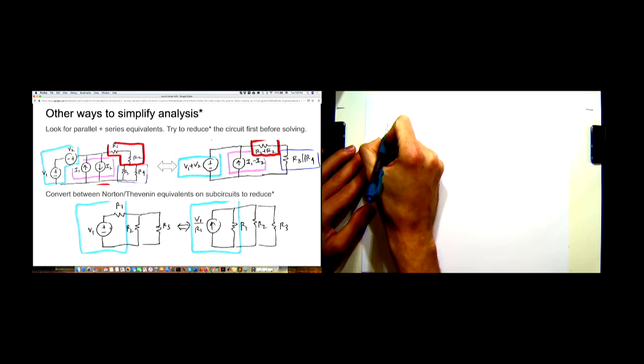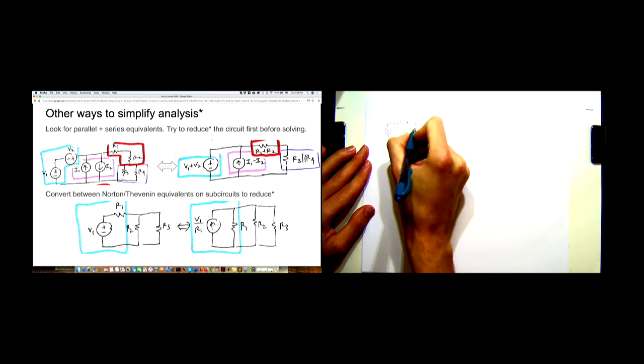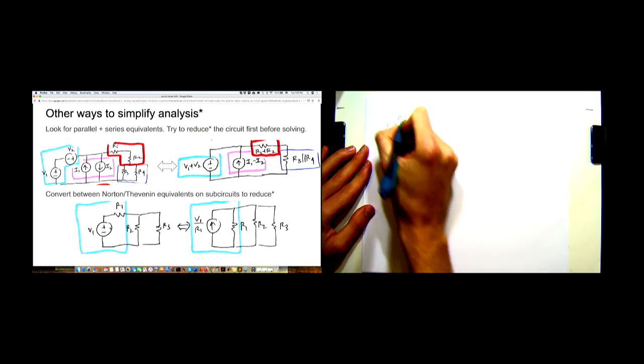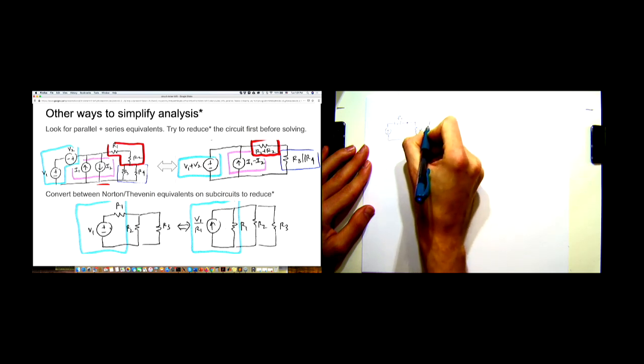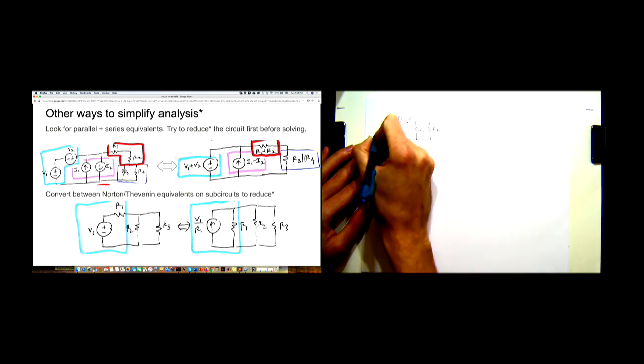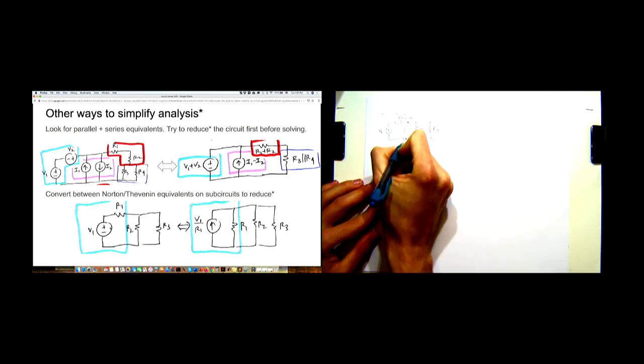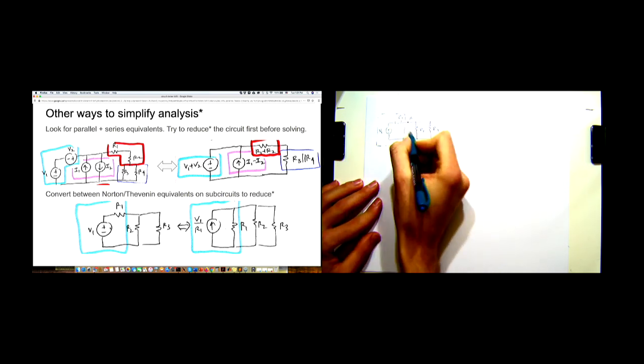Actually, this is going to be explained in the equivalence section, but let's see about it in this case. Perhaps I should go to the DocuCam and write out what we have. So this is R1, R2, and R3. These are points A and B, and this is V1. Let's say that I want to construct a Norton equivalent for this box.